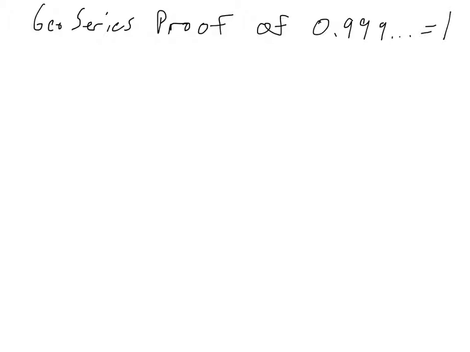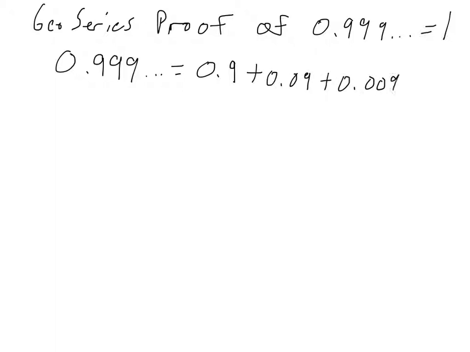We want to break this down and think of it as a series. So 0.999... is the same as 0.9 plus 0.09 plus 0.009. I think you see what I'm getting at at this point, all the way out to infinity.